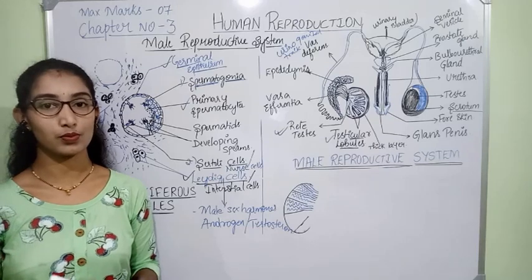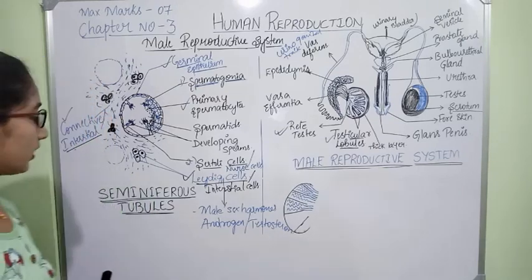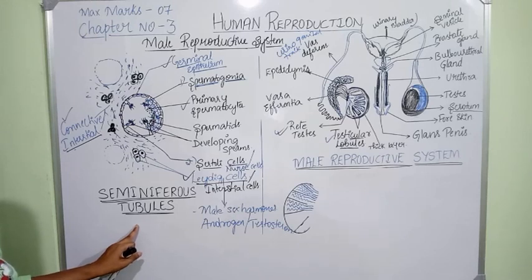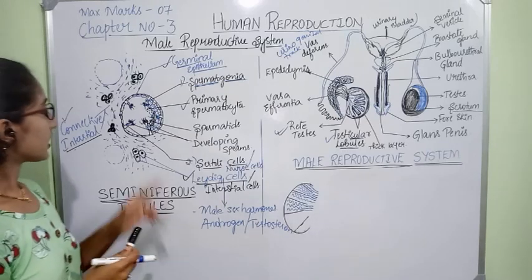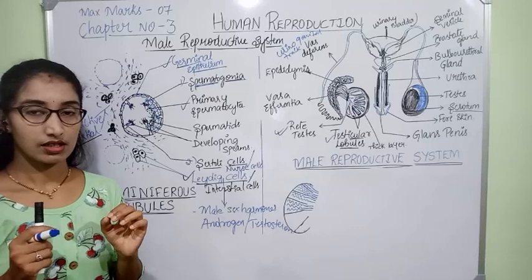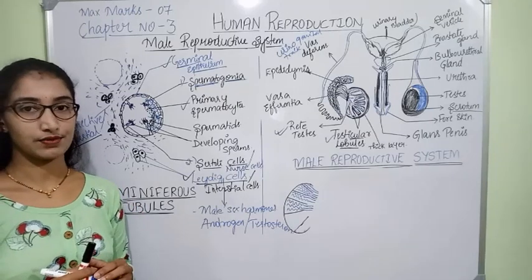We shall brush up what we have discussed today. We studied the sectional diagrammatic view of a seminiferous tubule. Seminiferous tubules are scattered in the connective tissue.